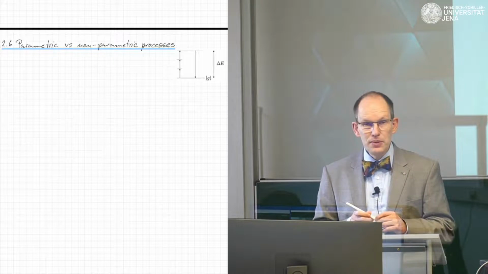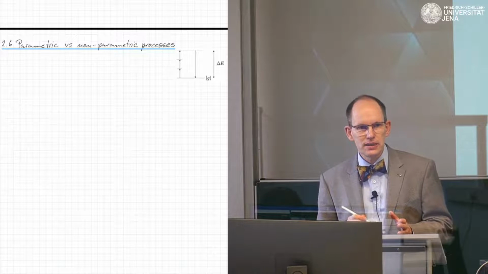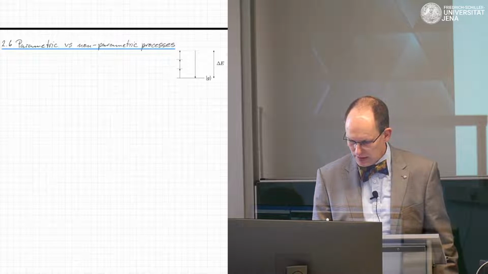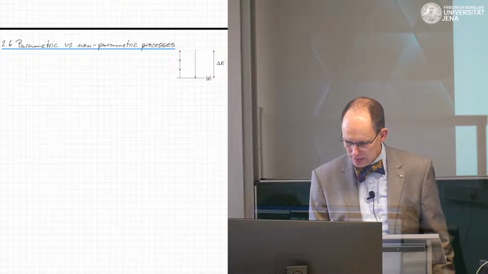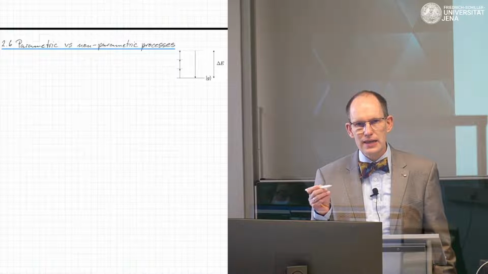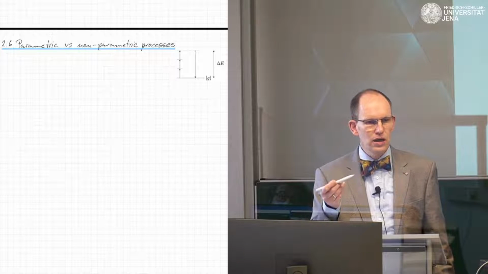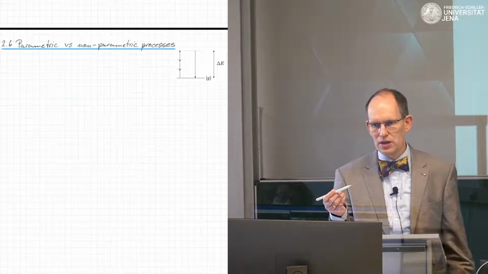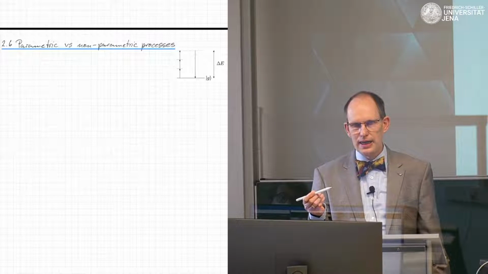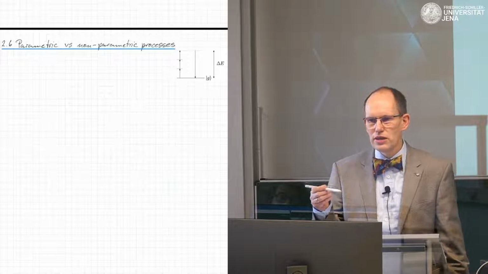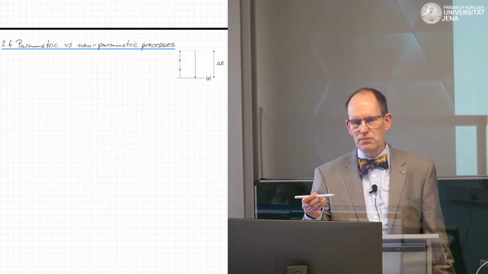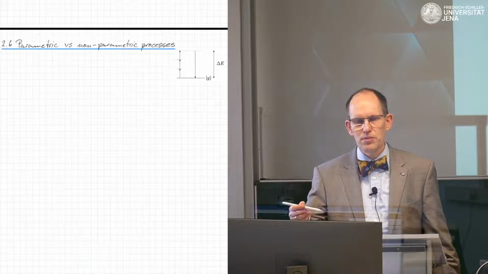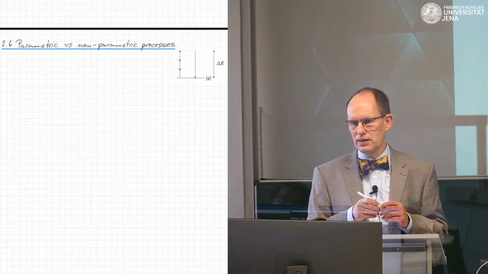So we speak of parametric processes if, besides the ground state, so here you have a simplified level scheme, so we have a ground state, and besides this ground state, there are only virtual levels involved. This defines parametric processes. In other words, you don't really absorb energy in order to transfer the population, say, from the ground state to an excited state.